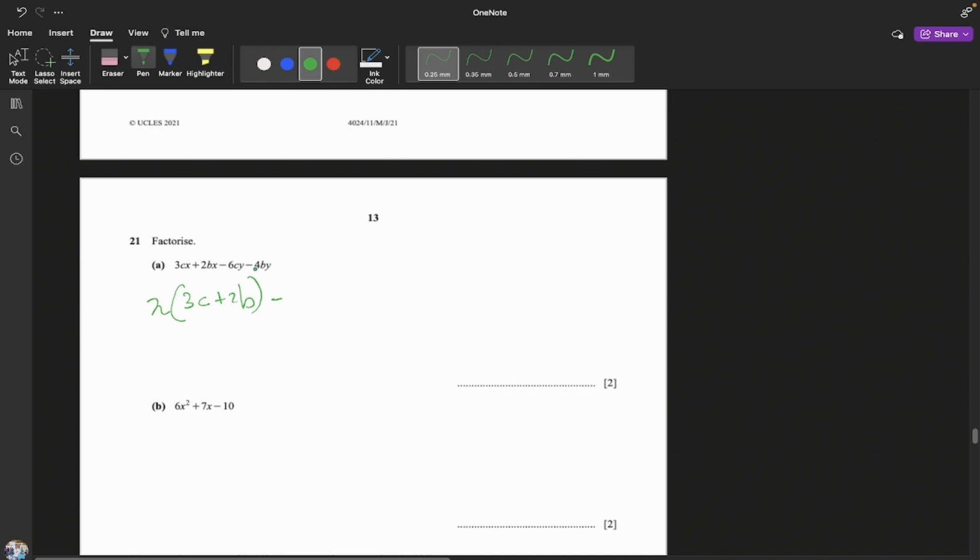Minus, if I take 2y out, it becomes 3c plus 2b. So you can see x minus 2y, 3c plus 2b. That's the answer. x minus 2y times 3c plus 2b.